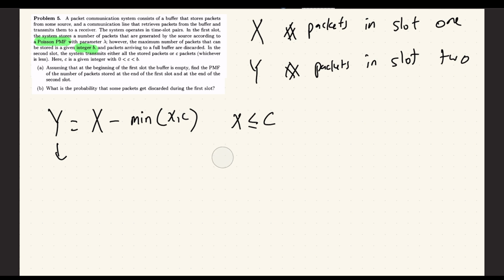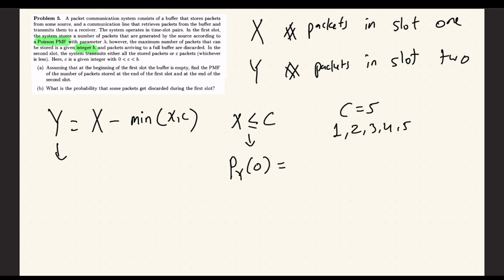So the probability for this will be the same as the probability of Y being 0, which is the probability that we get X less than C. Now, let's say C was 5, this would be the probability that X was 1 or X was 2 or X was 3 or X was 4 or X was 5.